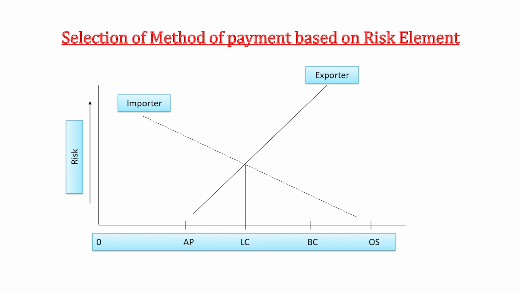And if risk is a bit high, then the second best method for the exporter is letter of credit. And if the exporter wants to reduce the cost of doing business, and the exporter has already done 1, 2, 3, 4, 5, 6 transactions, and is satisfied with the payment capacity of the importer, then the exporter can shift to the banker collection method.